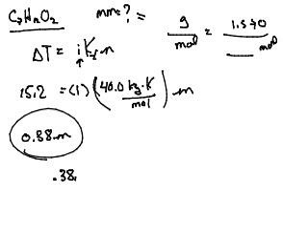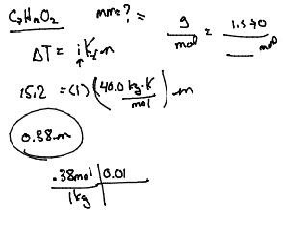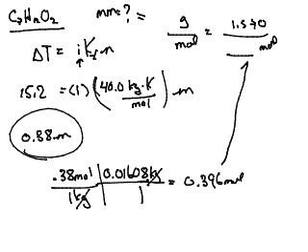So if I have 0.38 moles per 1 kilogram, how many kilograms of stuff did I dissolve it into? 16.08 grams, so that's 0.01608 kilograms. Kilograms cancel, and what do you get?